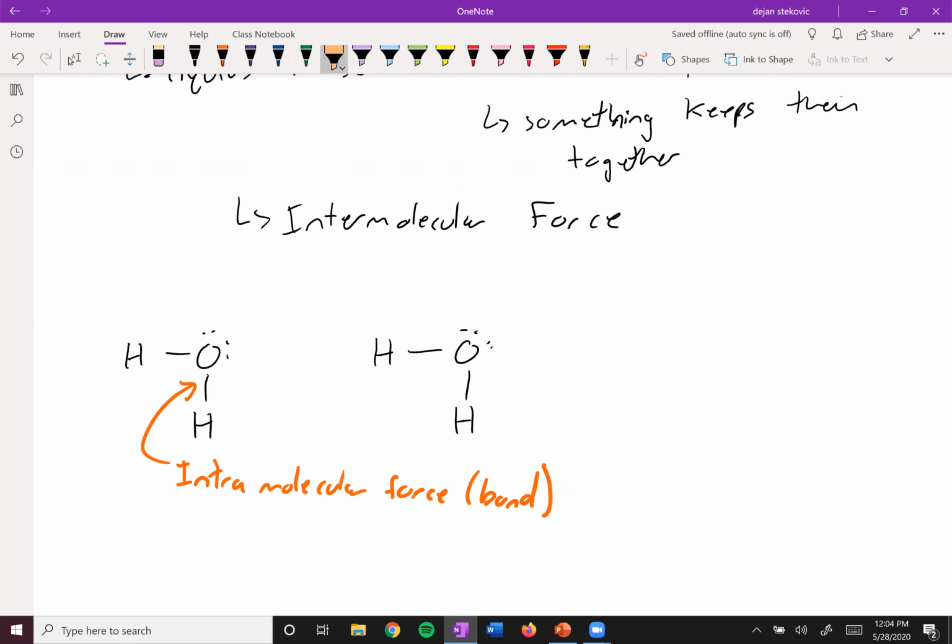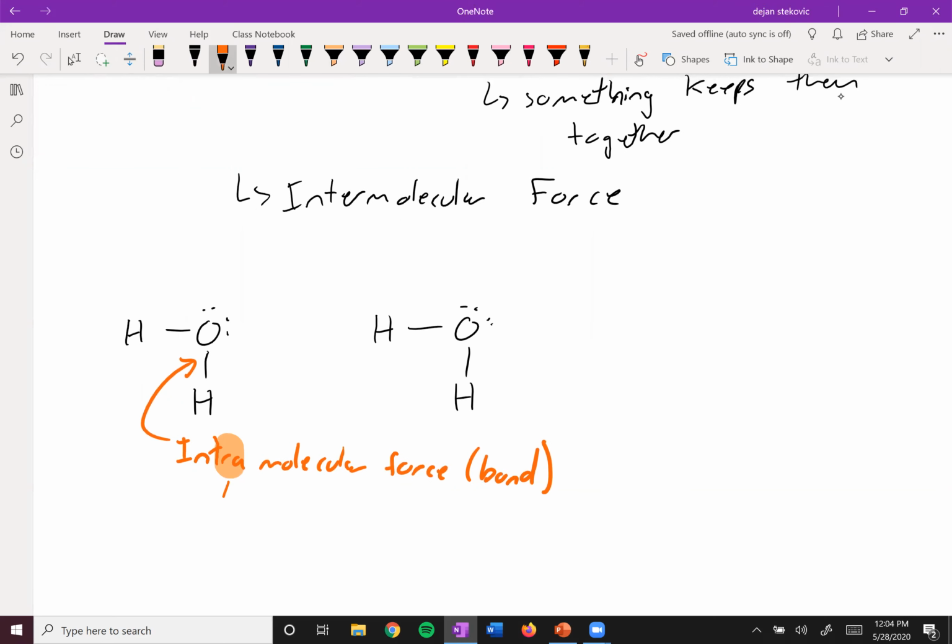And so when you see intra, the tra means within oneself. Right, so this is a bond within one molecule of water. And these are relatively strong. Right, so a molecule of water will not be destroyed.